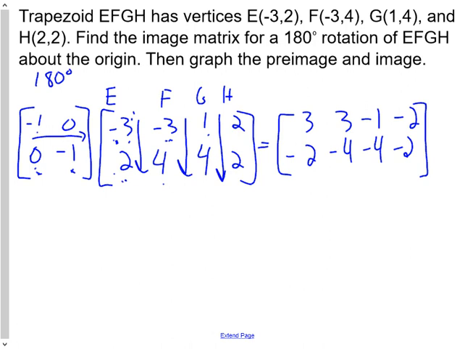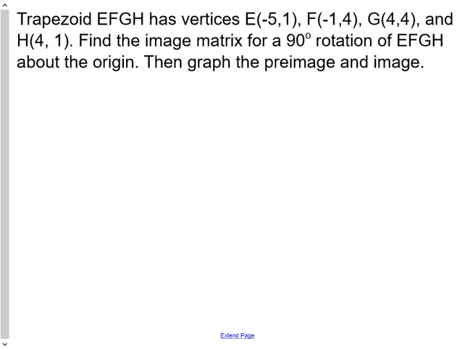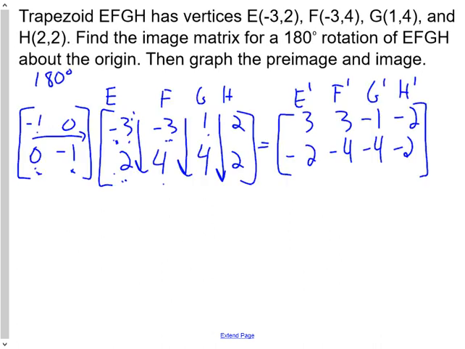But -1 times 2 will cause that +2 to flip to be negative. So here are my image points for E prime, F prime, G prime, H prime. And again, just like with reflections, my orientation is going to change based on my rotation. So, graphing it. Guess we don't have a graph of that one, so we'll move on.